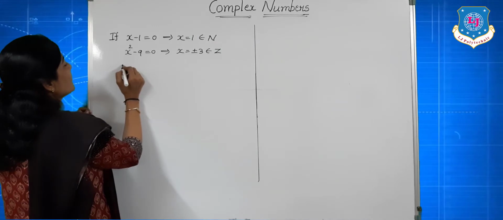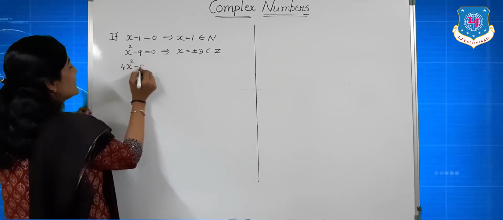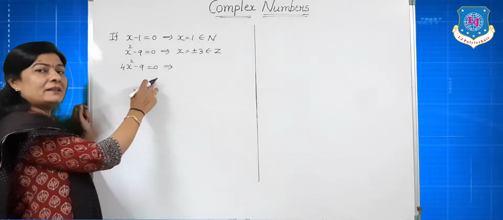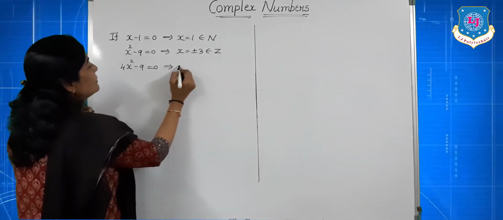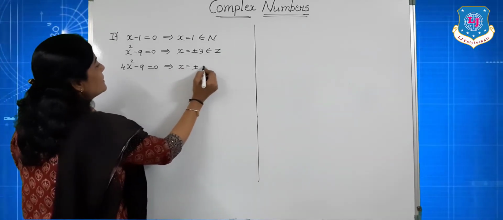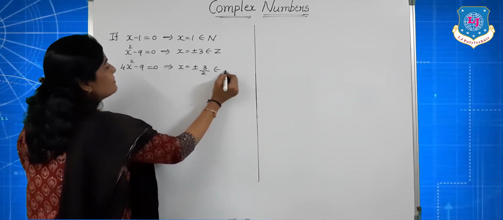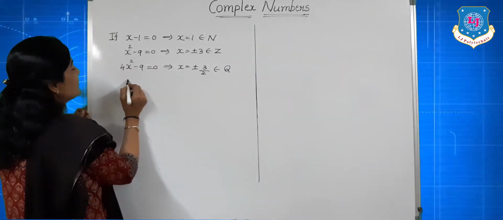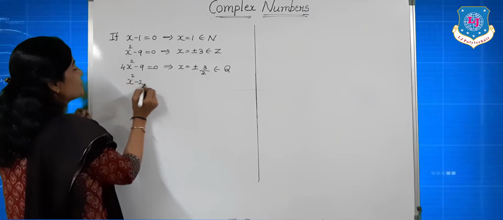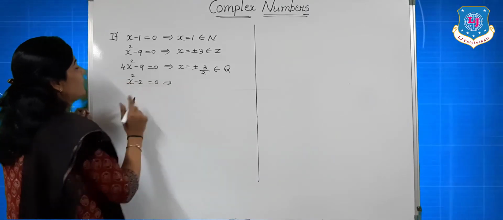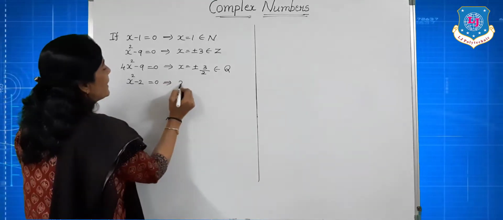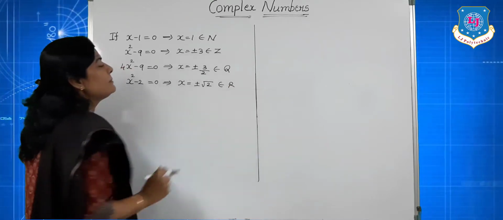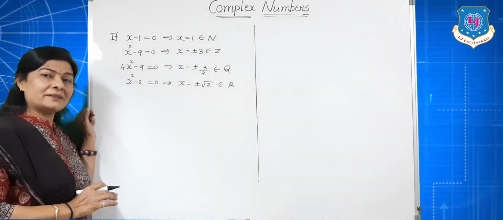If 4x square minus 9 is equal to 0, then 4x square is equal to 9. So x is equal to plus minus 3 by 2, which belongs to Q, the set of rational numbers. If x square minus 2 is equal to 0, then x square is equal to 2. So x is equal to plus minus root 2, which belongs to R, the set of real numbers.